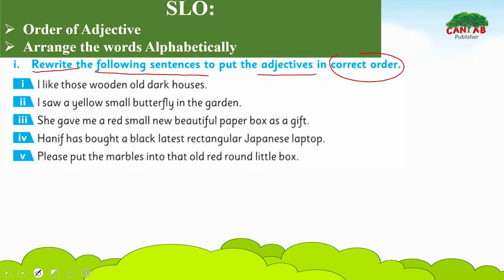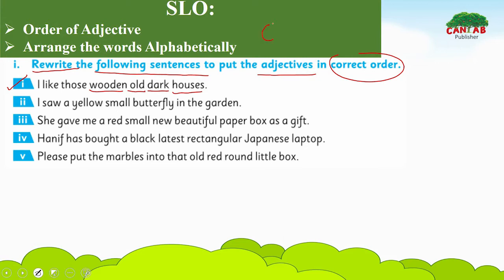What is the first sentence? I like those wooden old dark houses. Here wooden, old and dark are what? Adjectives, and houses is a noun. Do you remember the correct order?